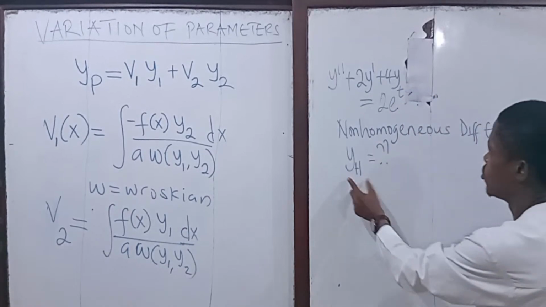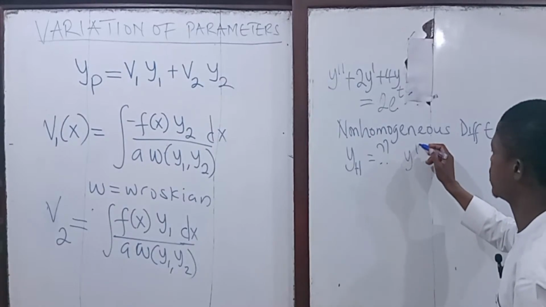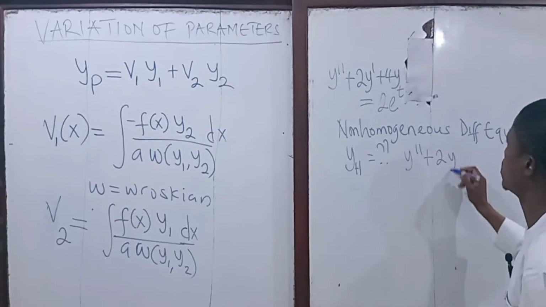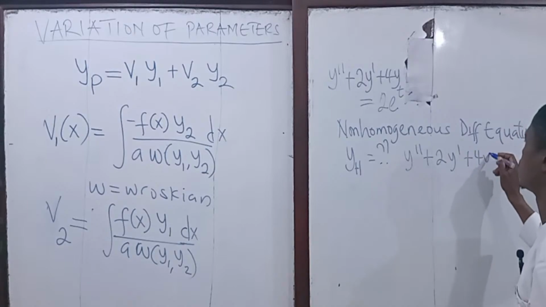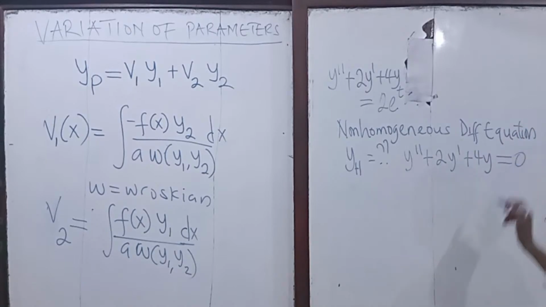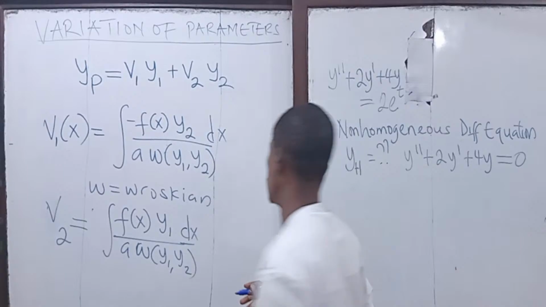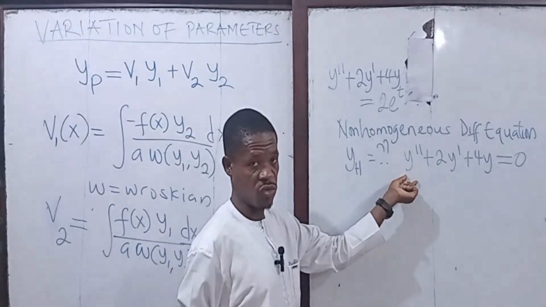The homogeneous part will be the second derivative plus 2 times the first derivative plus 4y, and that will be equal to 0. That is the homogeneous equation of that differential equation.